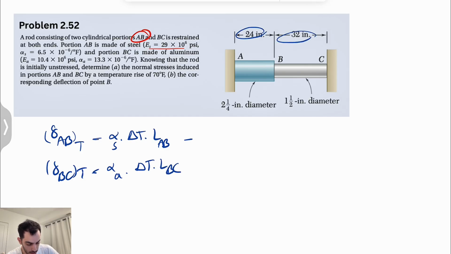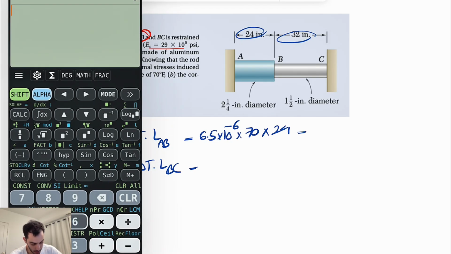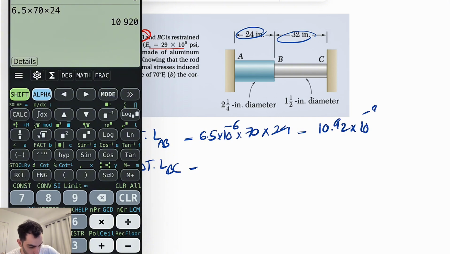So we'll start with the first one. If we look at the alpha, we have 6.5 times 10 to the minus 6 per Fahrenheit. We're going to multiply this by 70, and the length is 24 inches. That's going to give us the elongation for AB. Let's calculate this really quick: 6.5, 70, 24 times 10 to the minus 6. That's 10.92 times 10 to the minus 3.